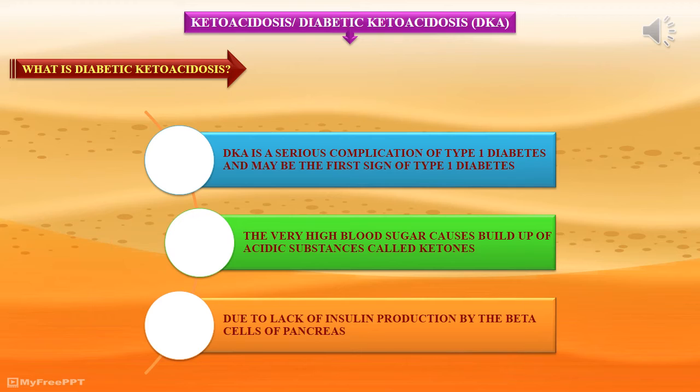It occurs due to lack of insulin production by the beta cells of the pancreas. As we already discussed under diabetes mellitus, type 1 diabetes is due to insufficient production of insulin by the beta cells of the pancreas, which leads to diabetic ketoacidosis.